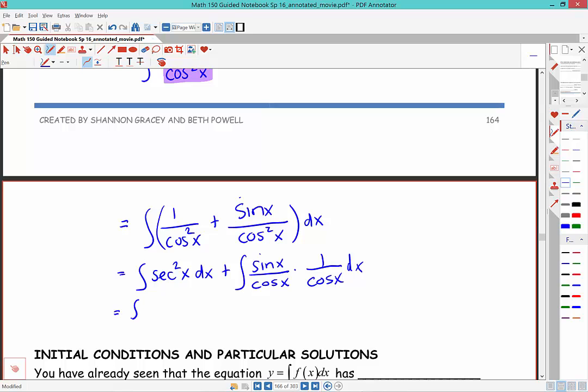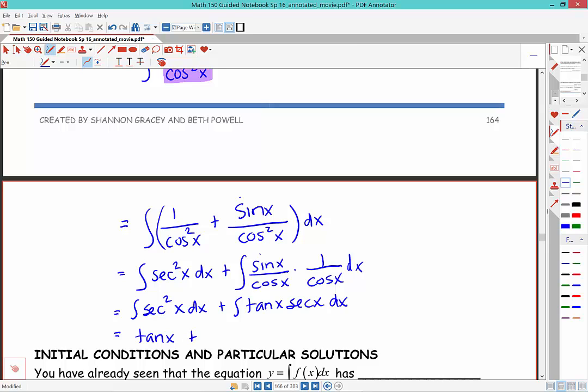So now I'll just keep it going: the integral of secant squared of x dx plus the integral of tangent of x times secant of x dx. So what will these be? Beautiful. Tangent of x for that first one.